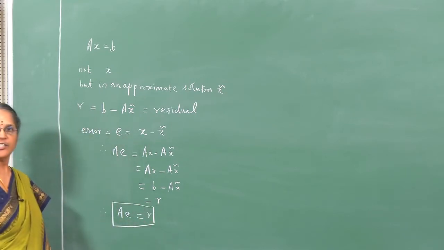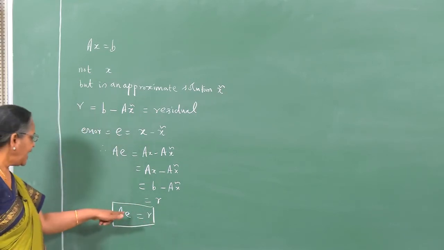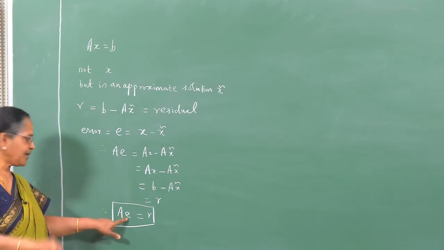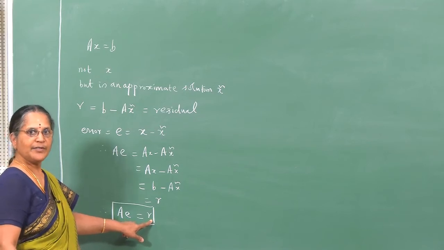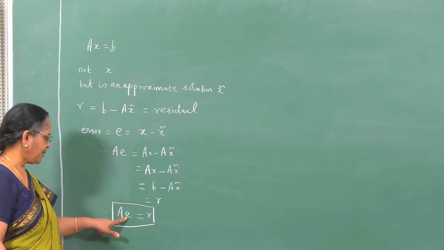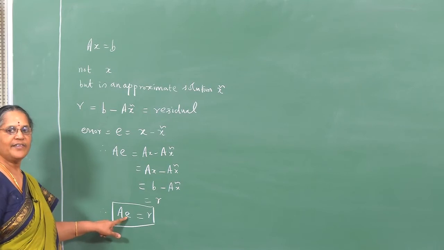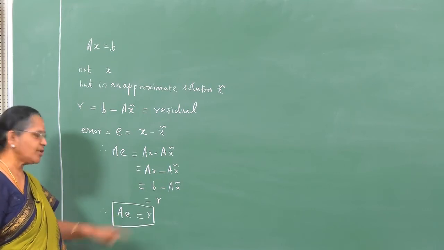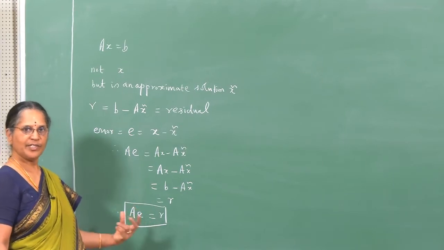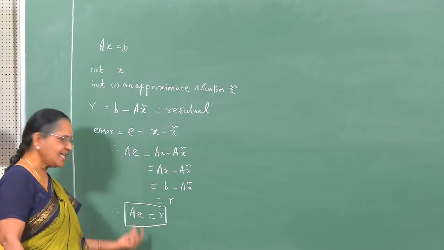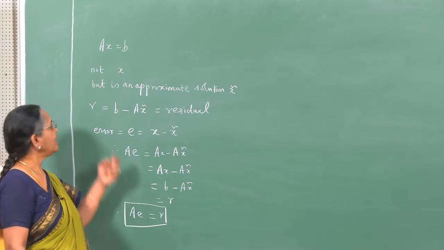So, there is a relationship connecting the error at one step and the residual at that particular step. E at a particular step, which is a vector, satisfies the equation A E is equal to R. So, we again have a system of equations in which the unknown vector is E. Why is it an unknown vector? What is E?